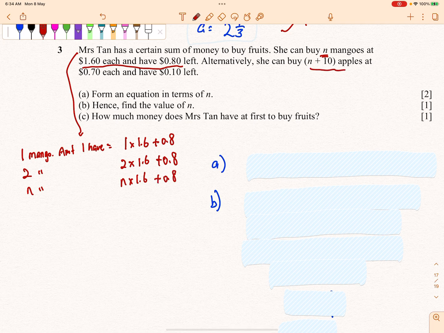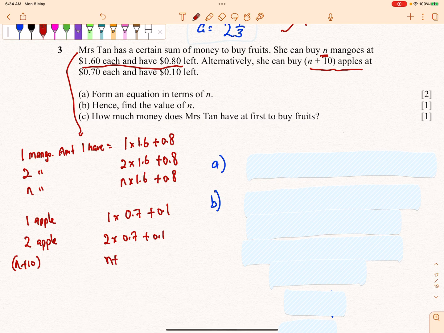Now, the apples idea works the same. If I can buy 1 apple, I will have 1 times 0.7 plus 0.1. If I can buy 2 apples, it is 2 times 0.7. If I can buy n plus 10 apples, it is n plus 10 times 0.7 plus 0.1.